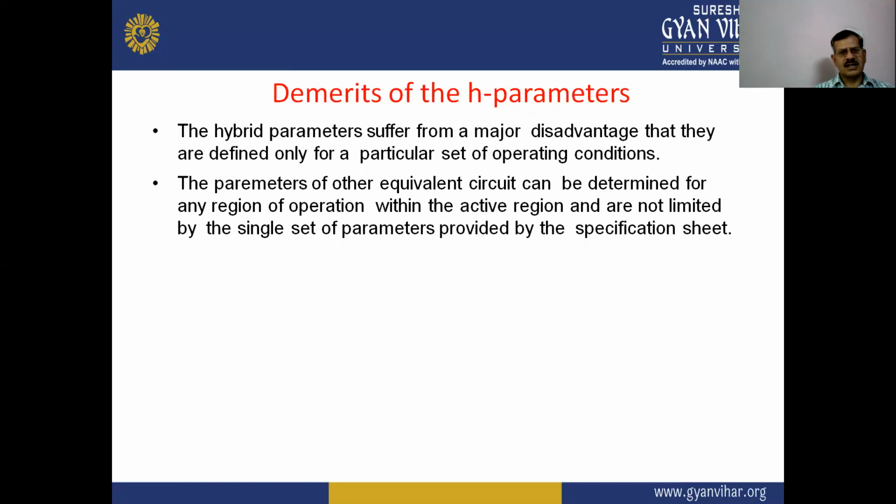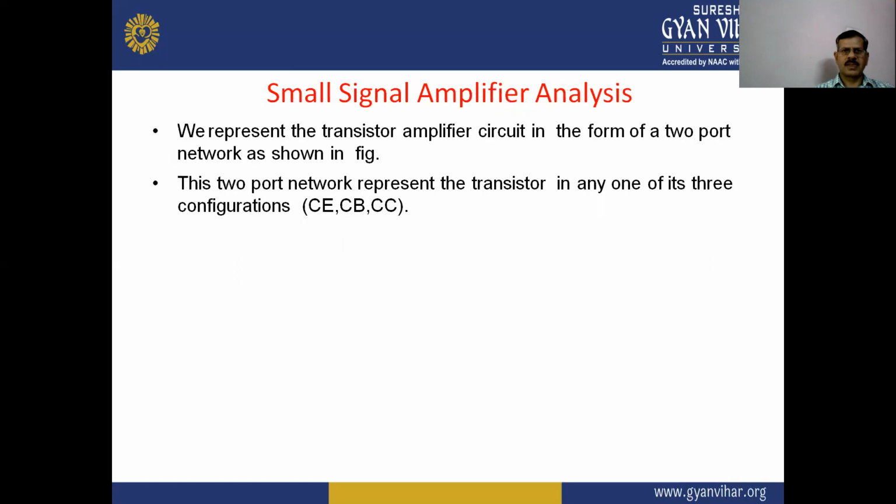Second one is that the parameters of their equivalent circuit can be determined for any region of operation within the active region and are not limited by the single set of parameters provided by the specification sheets. So these are some demerits of the h parameters.